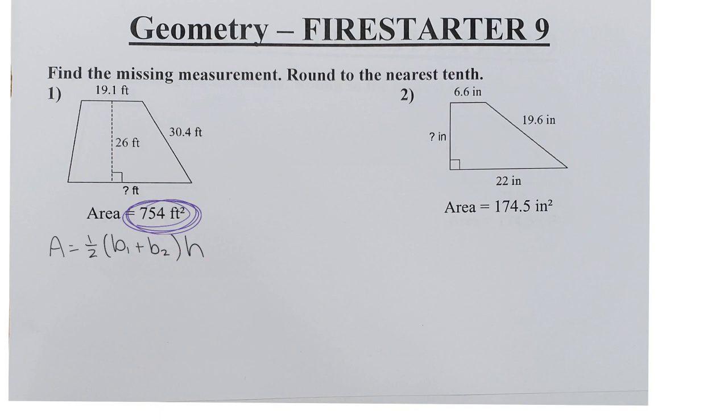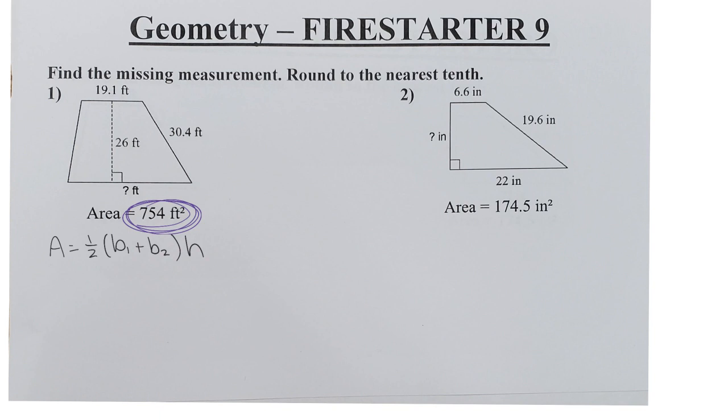I write 1/2 times (b1 plus b2) in parentheses because I see that usually eliminates some calculator mistakes. Some of you might see b1 plus b2 all over 2 times h. That's fine as well. Whichever formula you like to use is totally fine with me. The only reason I use the 1/2 is that a lot of times when you have b1 plus b2 all over 2, you forget to do the top first, so the 1/2 makes that less likely.